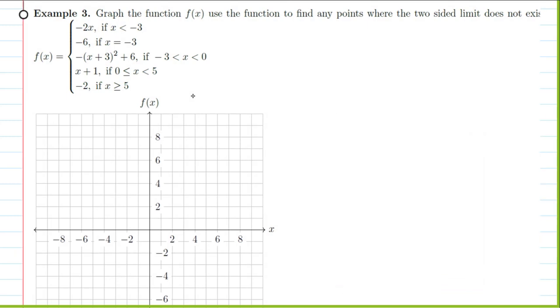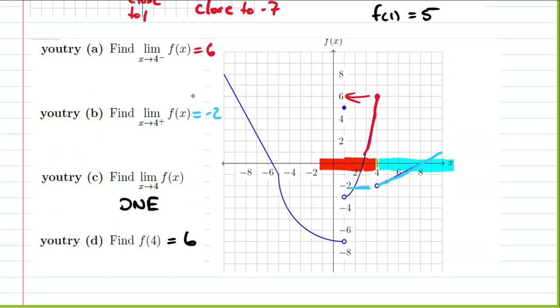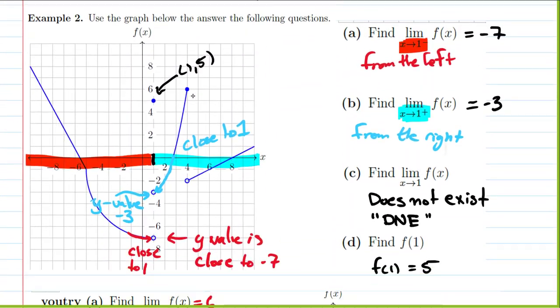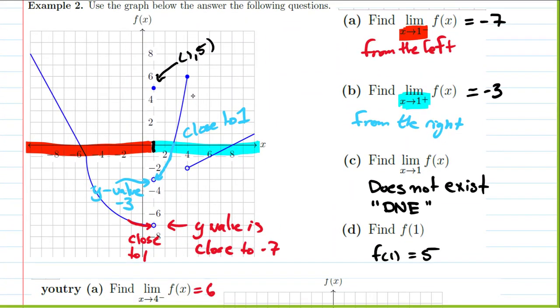So to help us make a little more sense about this problem, let's look back at the two things we just did in the previous problems. We want to find the points on the graph where the two-sided limit does not exist. Well, in the part that I did and the part that you did, we both had that the two-sided limit did not exist. And what happened at those x values to the y values?